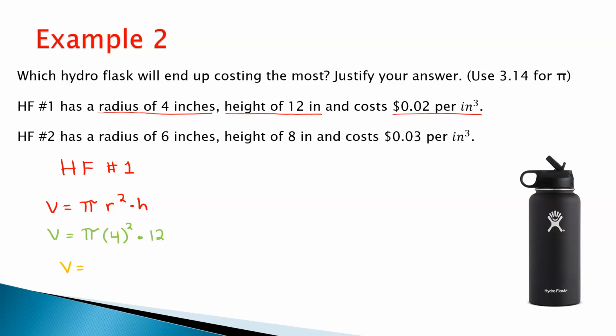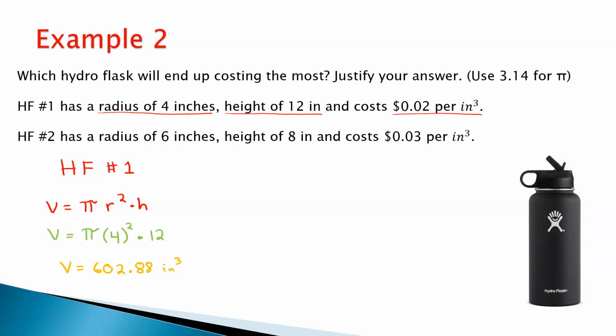So 4 times 4, not 4 times 2, which gives me 16. Then I multiply that by the height, 12, and I get 192. The last thing I multiply by is 3.14, pi. That gave me a total volume of 602.88, and of course, this is cubic inches.